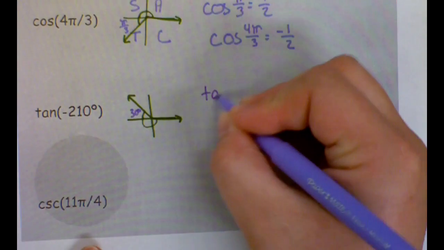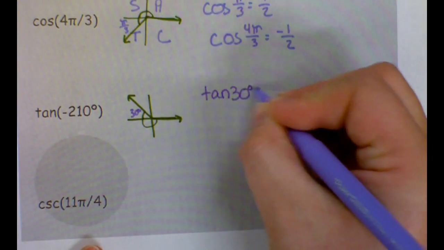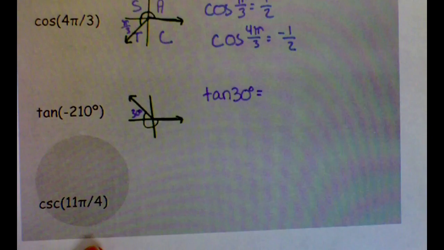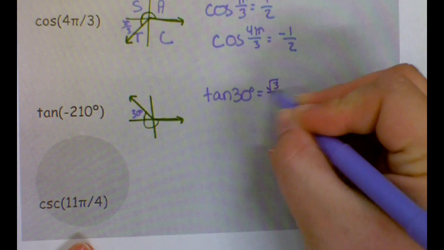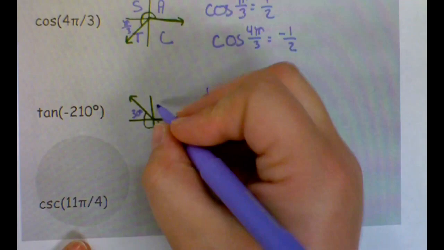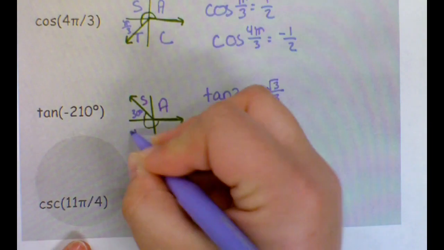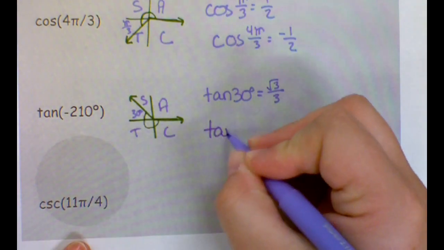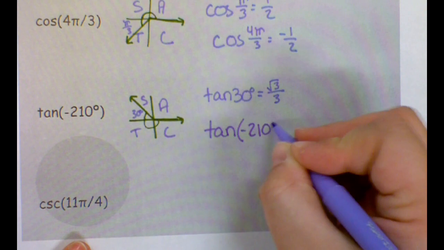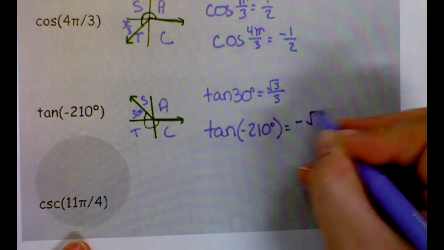Well, I know the tangent of 30 degrees because I've done that several times by this point. Tangent of 30 degrees is square root 3 over 3. All students take calculus. Sine is positive, which means tangent is negative. So the tangent of 210 degrees is negative square root 3 over 3.